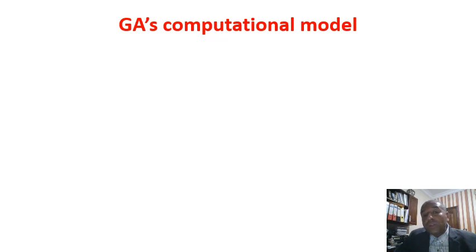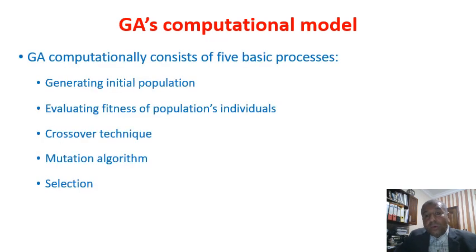The computational model of genetic algorithm. How does a genetic algorithm compute? First of all, it consists of 5 basic processes. Generating the initial population: we generate the population randomly. All chromosomes or all individuals are created randomly. We start with this population and then evaluate the fitness of each individual in the population.